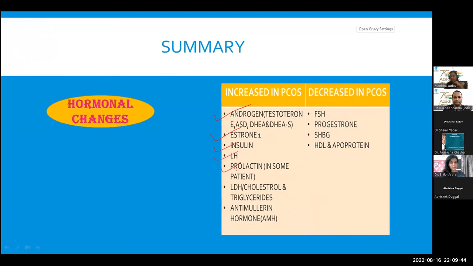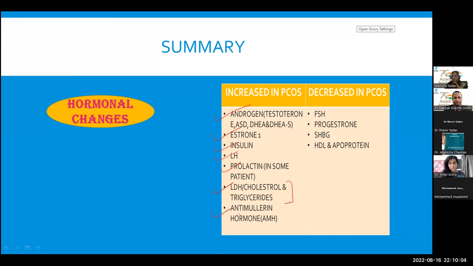In some cases, not always, hyperprolactinemia may be a different disease, but may be associated with PCOS. And because of imbalance of glucose metabolism, there is more free fatty acid formation, triglyceride formation. So the lipid profile is abnormal.